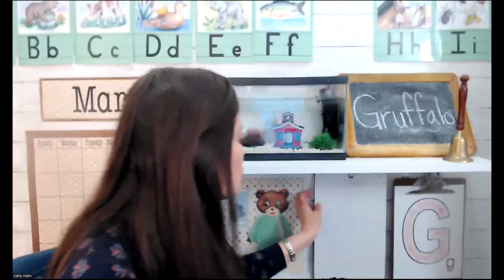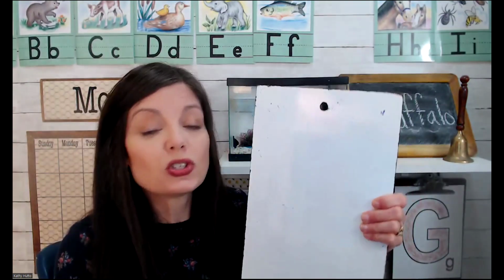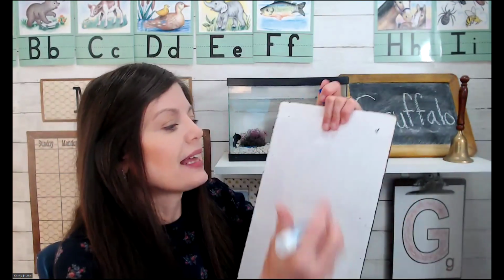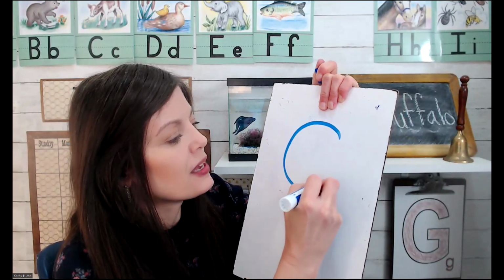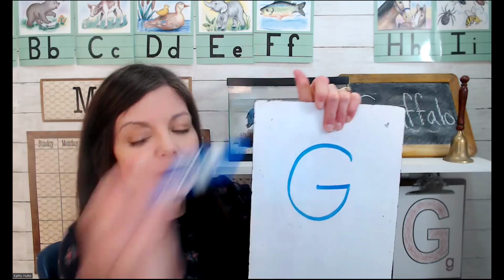To write a letter G, you're just going to curve around like letter C. And then when you get to the middle, make a line that goes in.